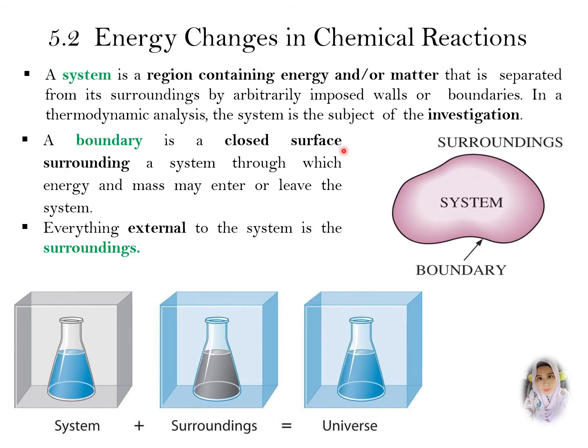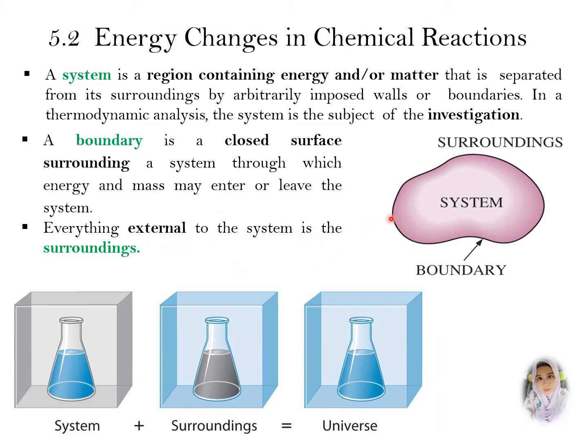A system is the region containing the energy and matter that is separated from the surroundings by boundaries. The boundary is the closed surface surrounding a system through which energy and mass may enter or leave the system.